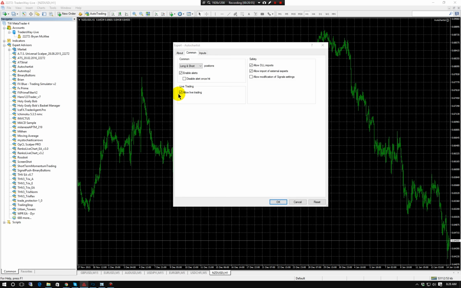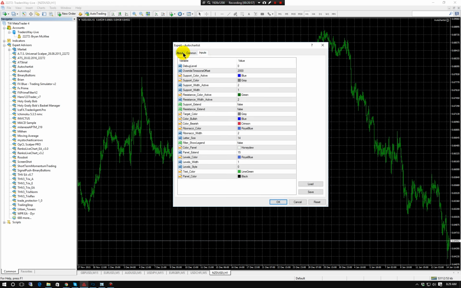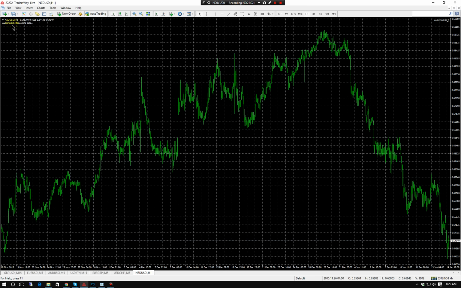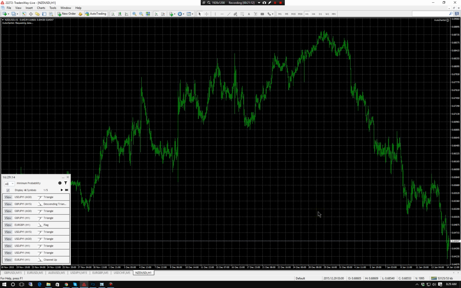Make sure DLL's checked. Okay, we're good there. Up at the top it'll say Autochartist requesting scan. This is going to take a minute because what it's doing is pulling info from their website.